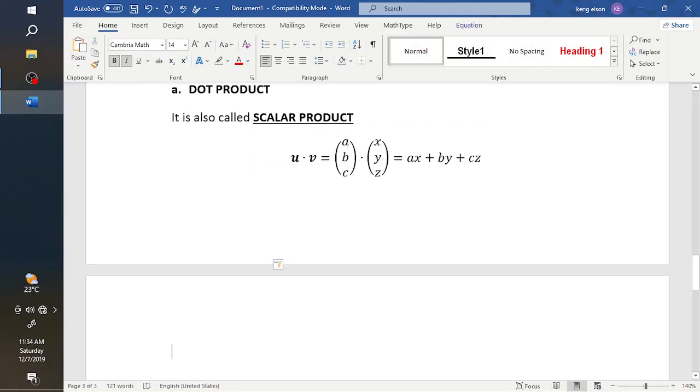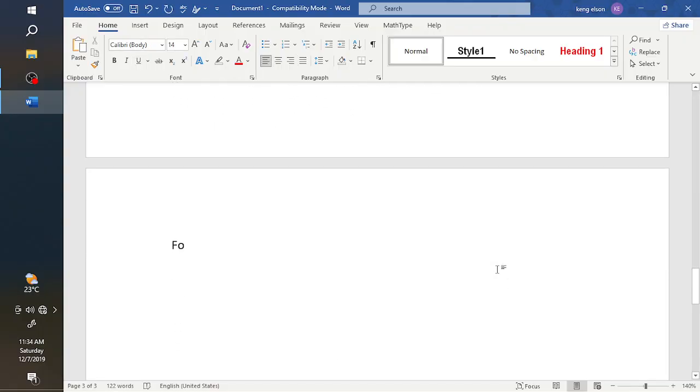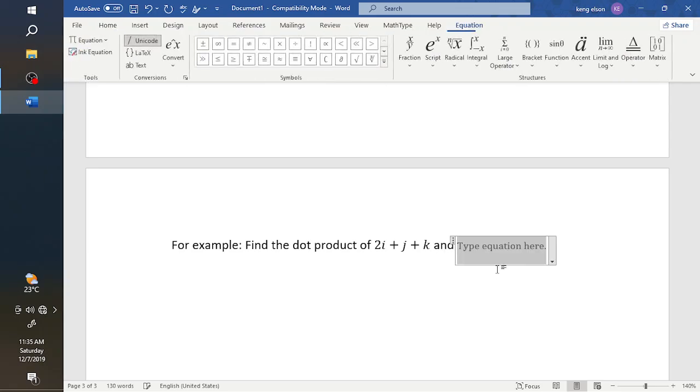Let's take an example. Find the dot product of 2i plus j plus k and 2i minus k.